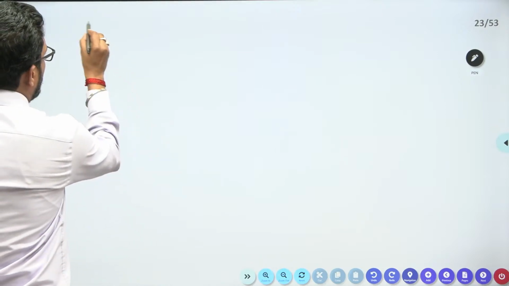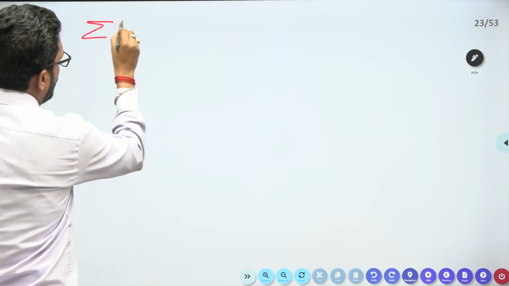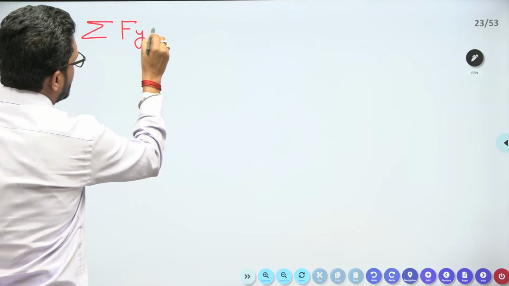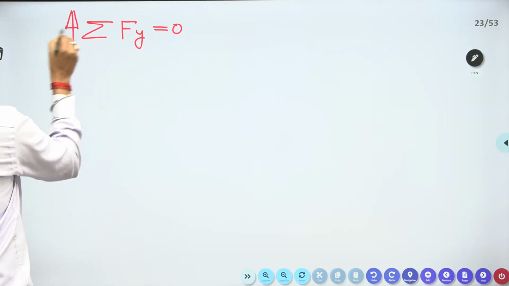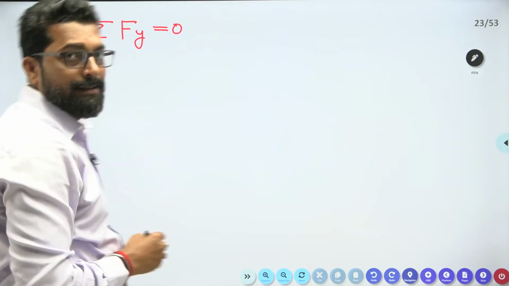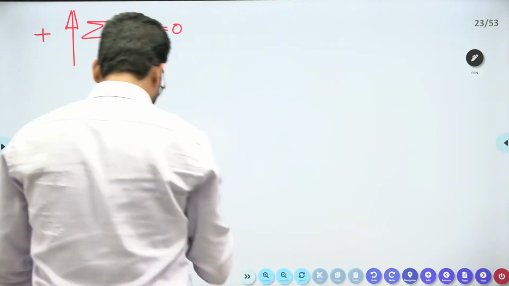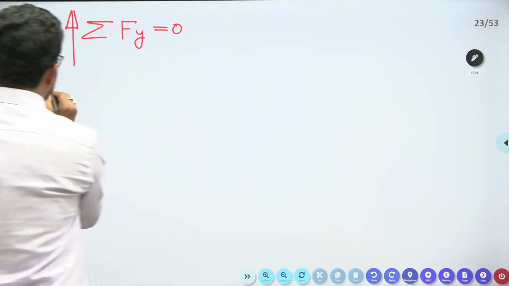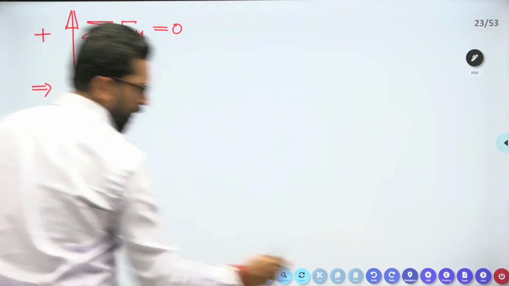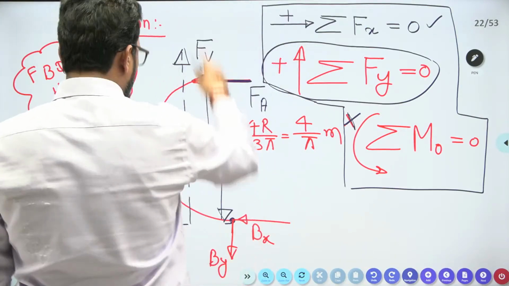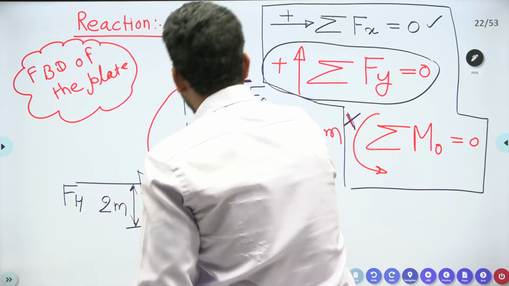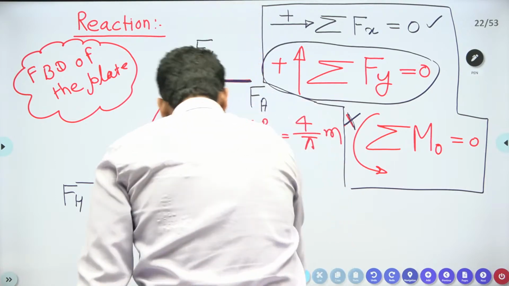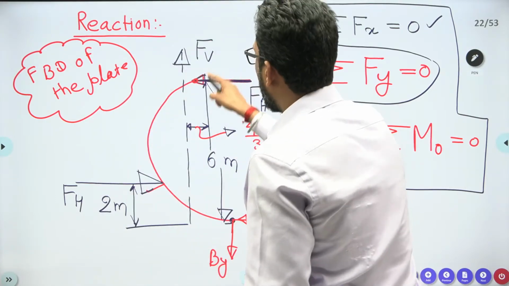You can apply anything for any type. So summation of all the forces in y direction is equal to 0, taking upward as positive. No problem at all. The upward force is Fb, and By is negative, Fb is positive.